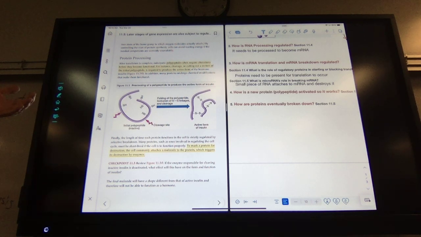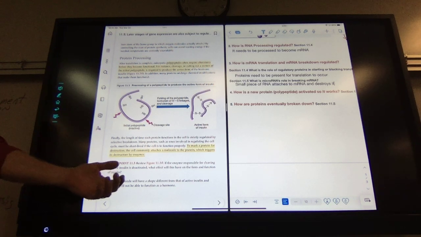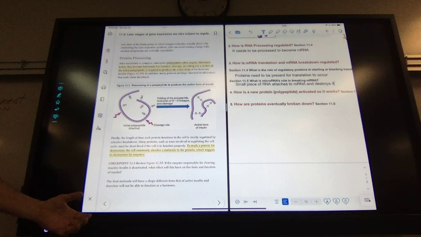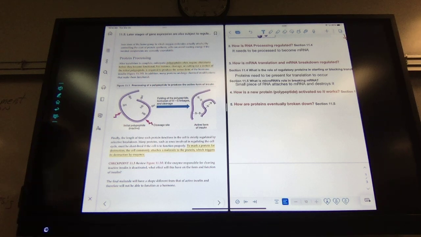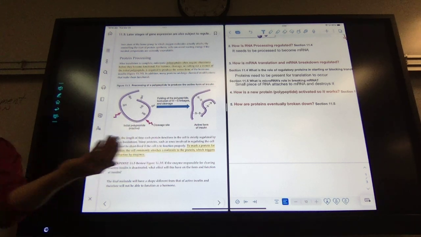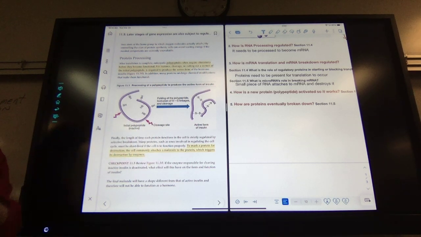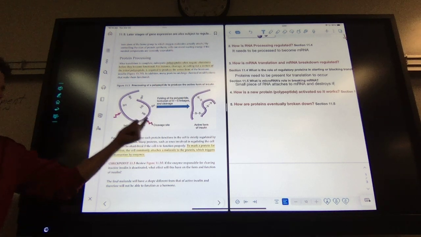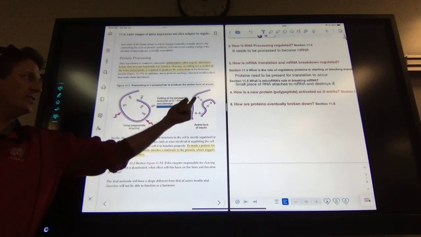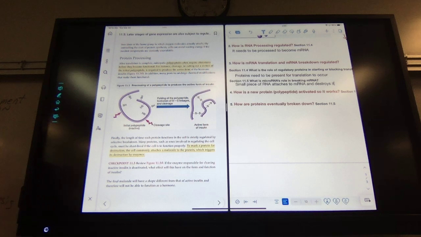So when a protein is first made, it's just a long strand of amino acids, right? So it's just raw, and it needs to be processed. The way it gets processed is by folding, and sometimes it can't fold right without being cut in certain places. So it's showing 2 cleavage sites, and now you have pieces that come together in a different formation.